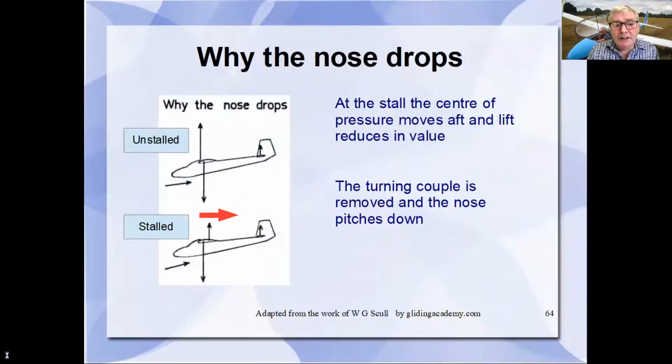However, if we increase the angle of attack to the stall, what's happened is the center of pressure has moved back, as in the lower diagram here, and that turning couple has been removed. So now there's nothing to stop the nose going down, and indeed the tail plane itself is acting in a direction to pitch the nose downwards as well. So you've got a double whammy going on there.